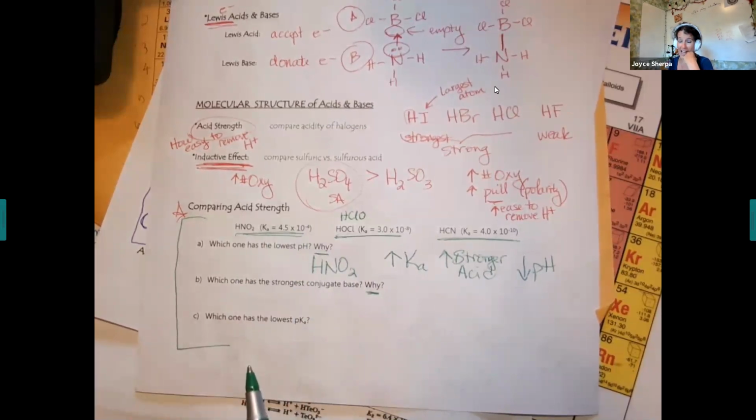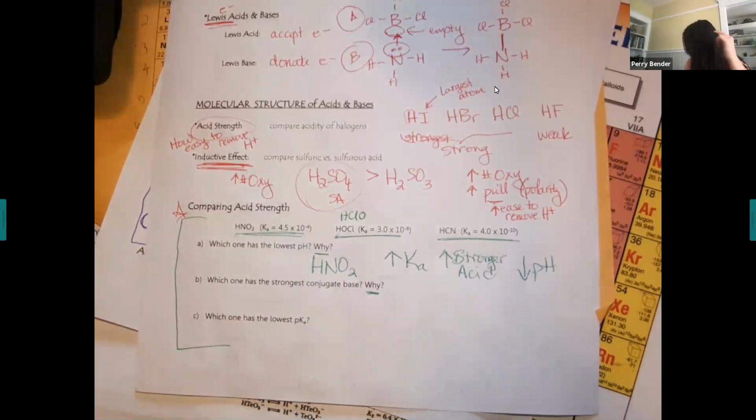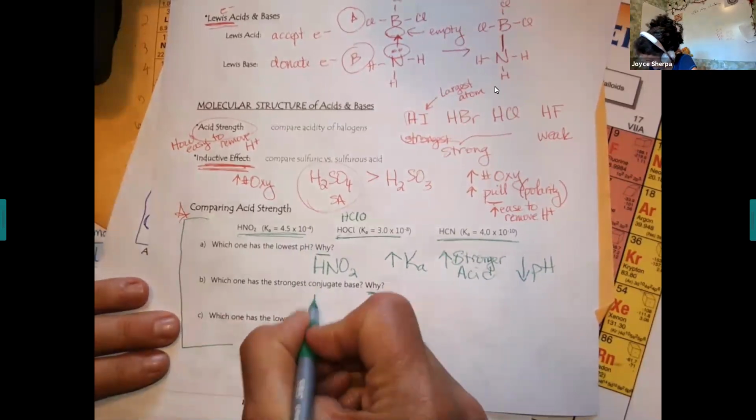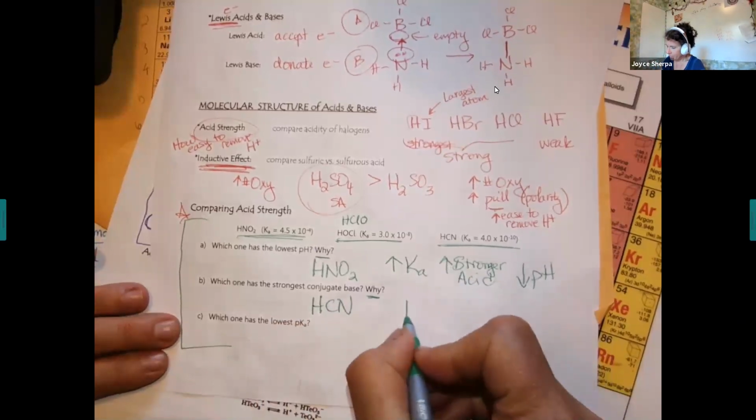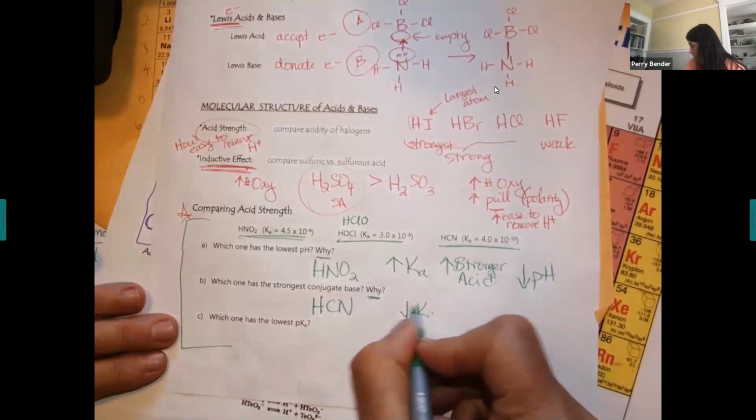All right. Which one is going to have the strongest conjugate base? The HCN. Because the Ka is the lowest.